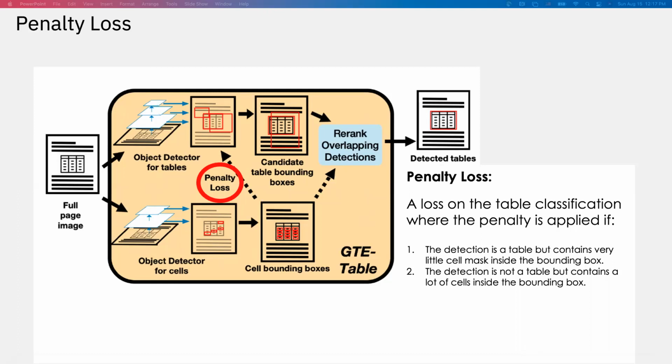Both are cases that are unlikely to happen, and we introduce a penalty loss to avoid that. And later on, we can re-rank overlapping detections, making sure we rank tables with a lot of cells inside over the ones that have very little cell inside.